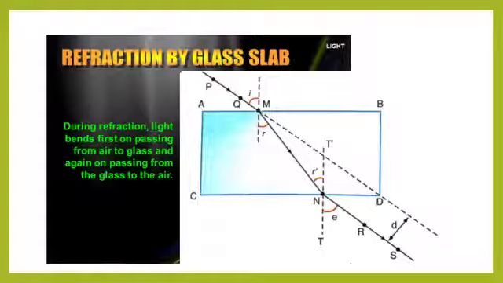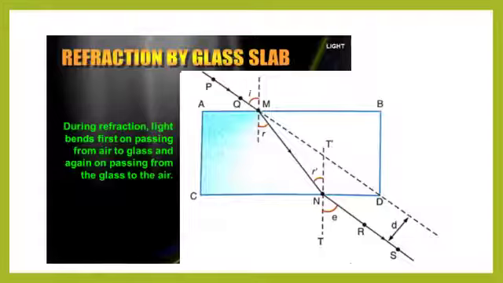Now there are different rays you can see in the diagram. There are three rays. One is PQ. This is the incident ray that falls on the glass slab, and then MN is the ray of light, the refracted ray that passes into the glass slab, that bends towards the normal because it passes from rarer to denser medium.